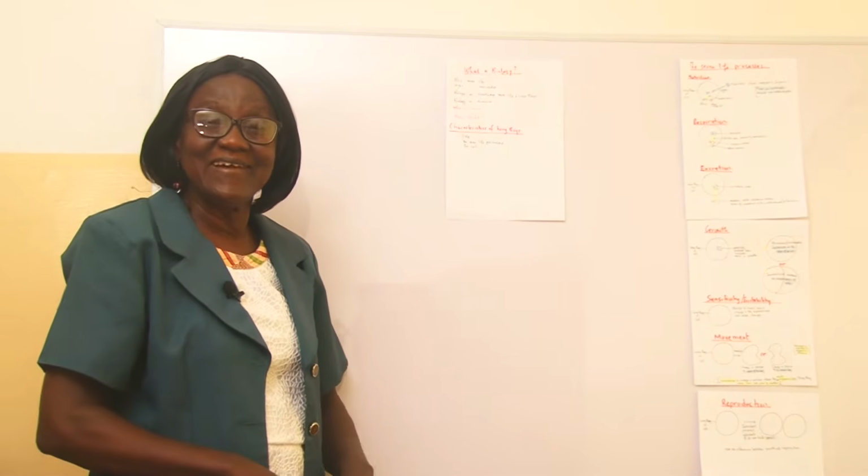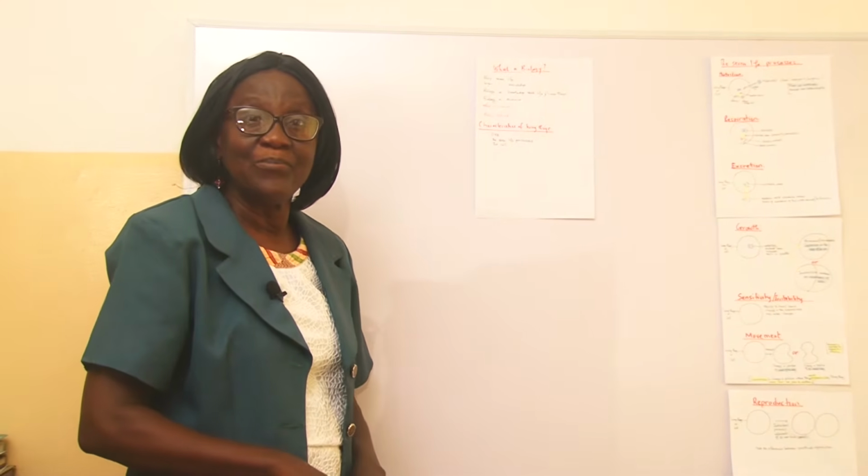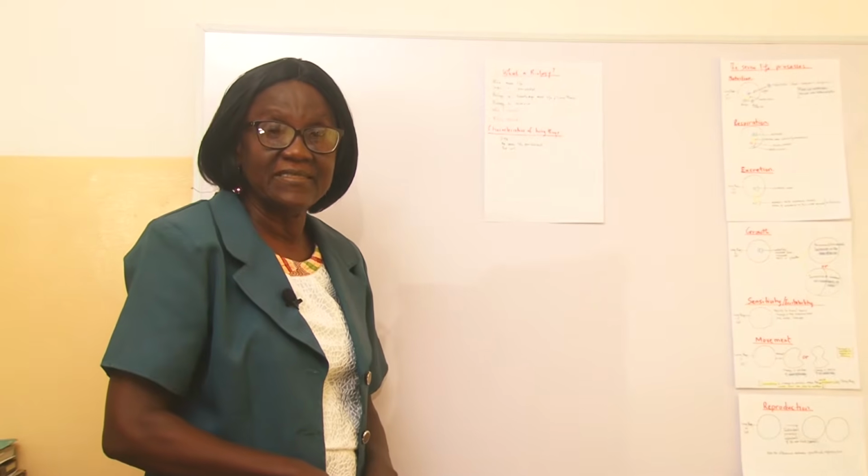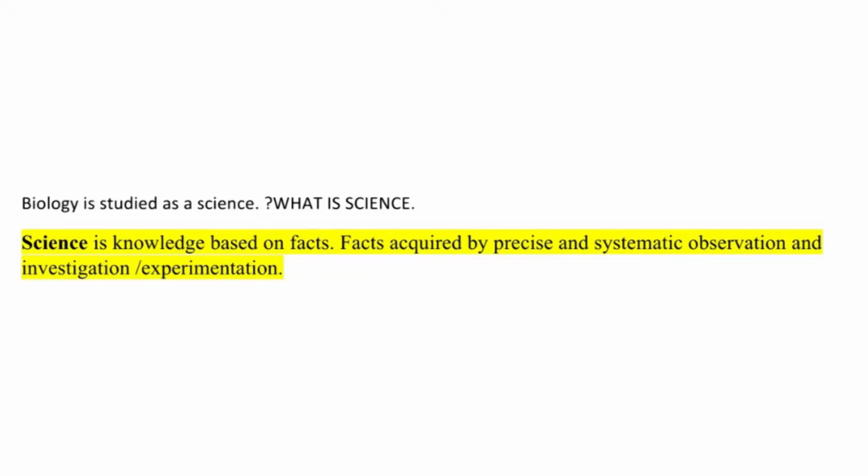You considered science in your primary schools, isn't it? What is science? Quickly, let's define what science is. Science is knowledge based on facts. Facts acquired by precise and systematic observation and investigation or experimentation.